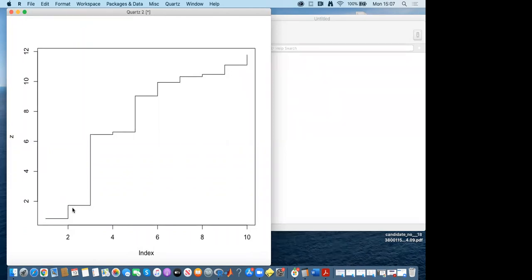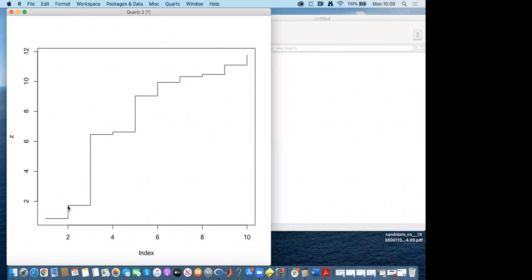If you are careful in defining what happens after the jump and before the jump, you get a function which is called, with a French acronym, CADLAG, which means right continuous with left limit.